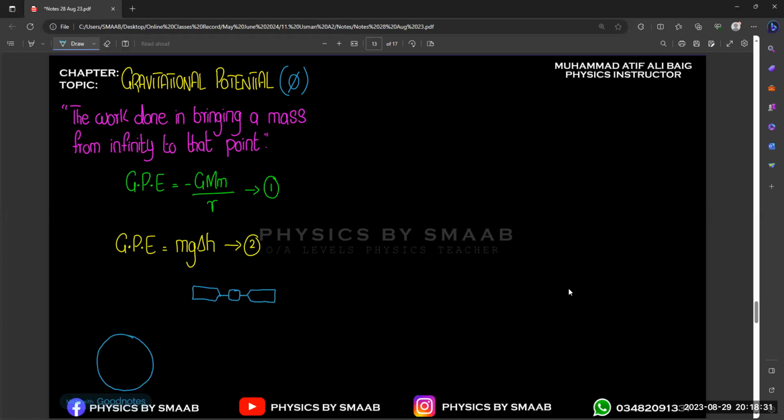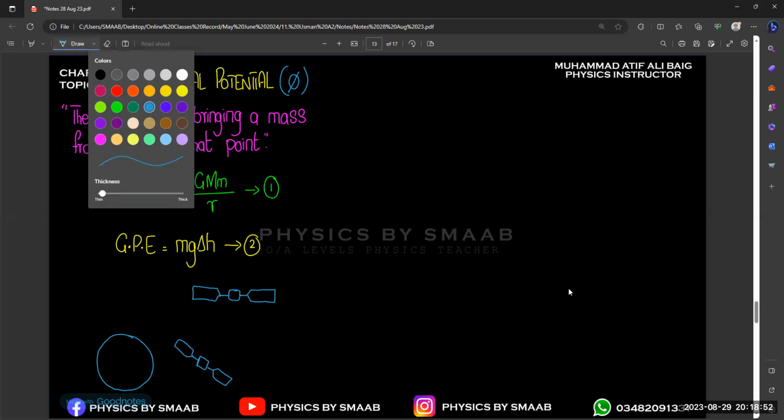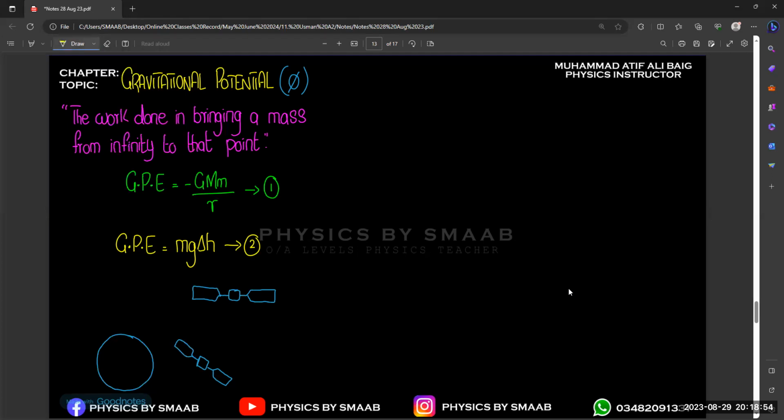Let's consider two different points: initially the satellite is at some point, and we are going to move that satellite close to the planet, right? So these are two different points from the planet.